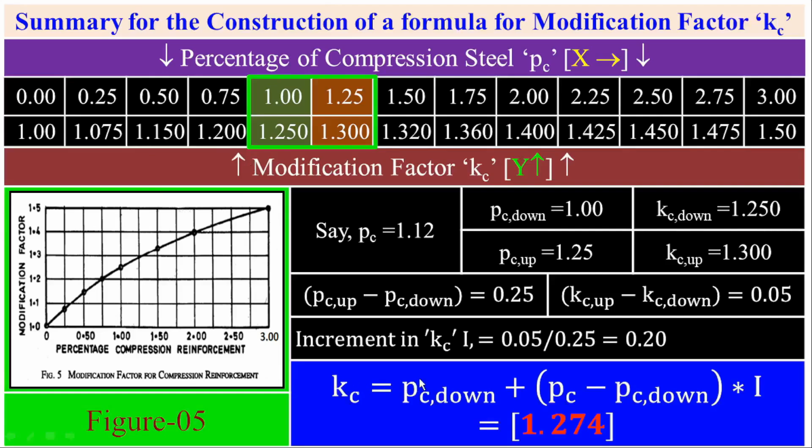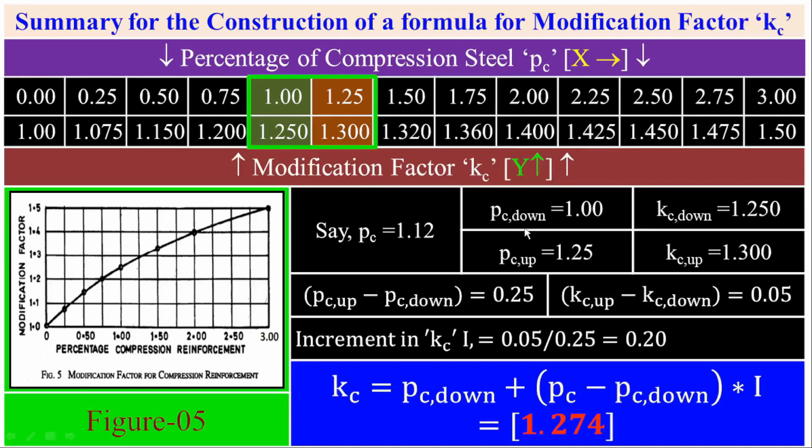Let's take an example. Say we've calculated the value of PC as 1.12%. This value falls as an intermediate point between 1% and 1.25% for PC. The corresponding KC values for these points are 1.25 and 1.30, respectively.